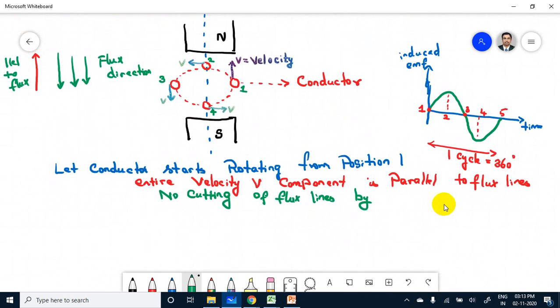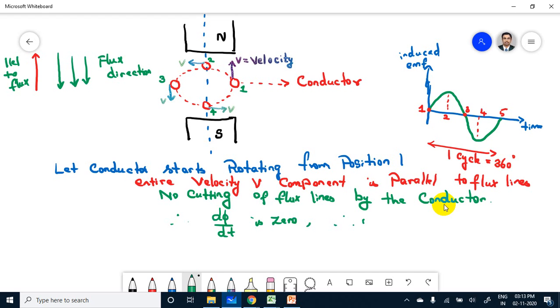There is no cutting of flux lines by the conductor, so the d phi by dt at this time instant is 0.